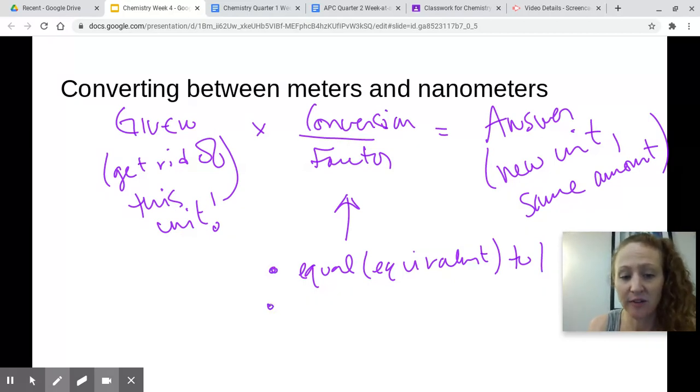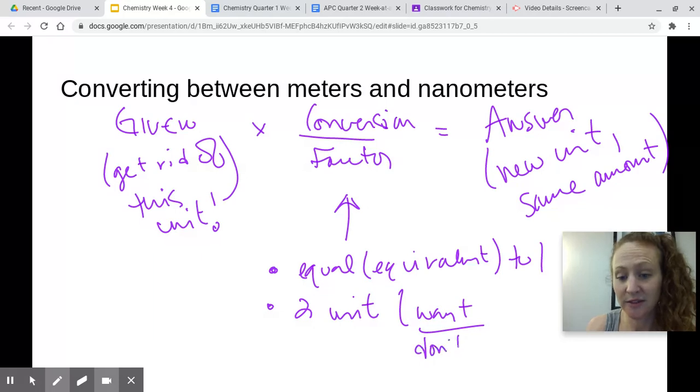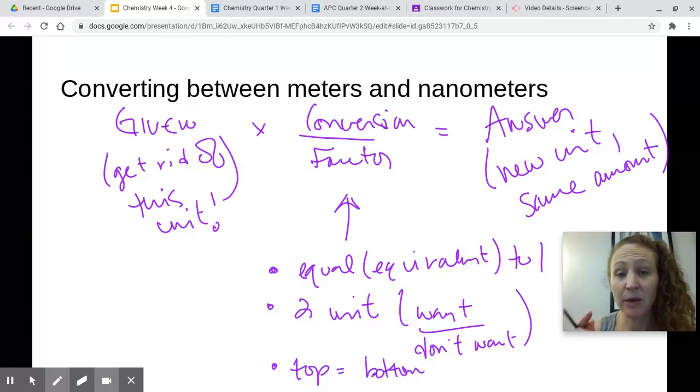It has to have 2 units, the one you want and the one you don't want, so you can get out of one and into the other. Because it's equal to 1, the top is going to be equal to the bottom. They may be communicated in different units, but they're going to be equal or equivalent amounts.